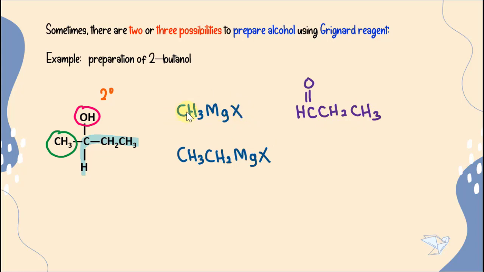The reaction of Grignard reagent with this aldehyde followed by hydrolysis will produce a secondary alcohol, which is 2-butanol.